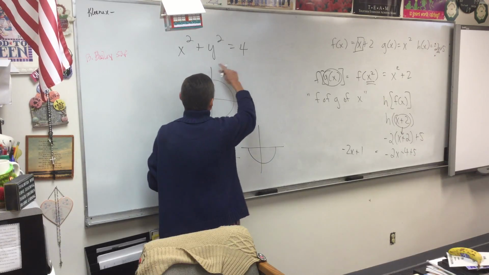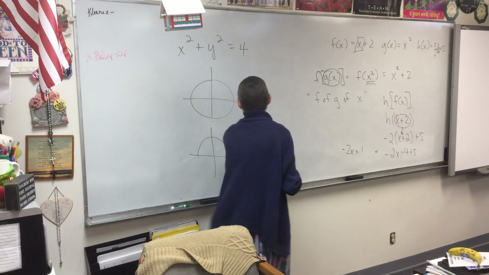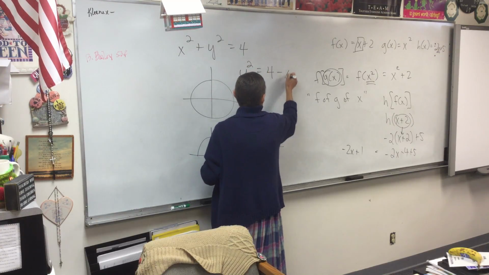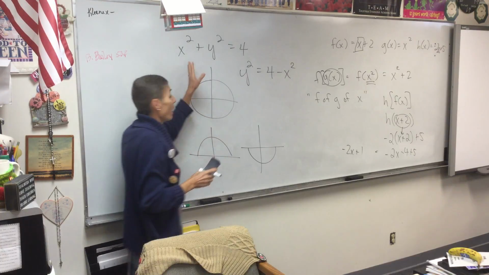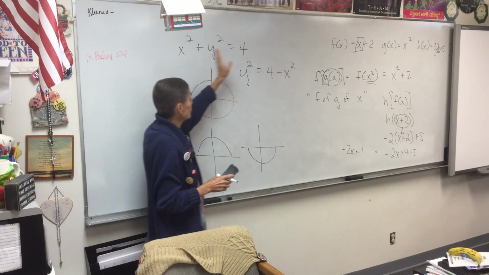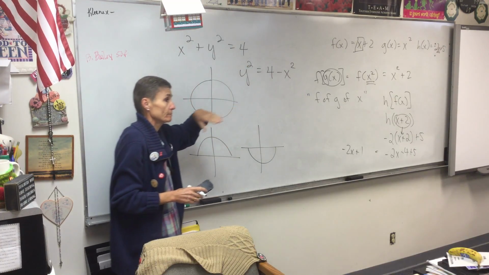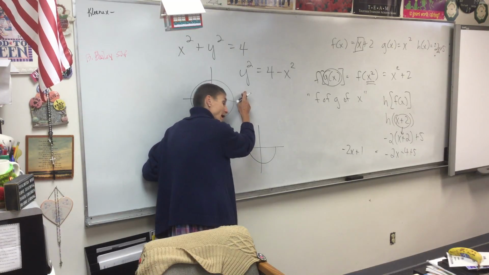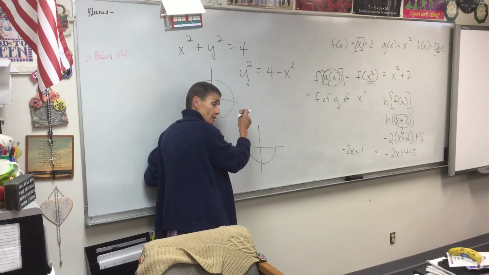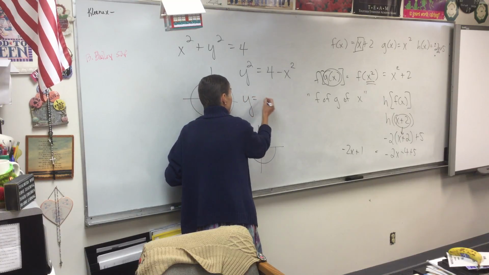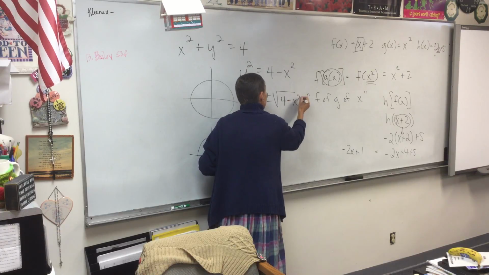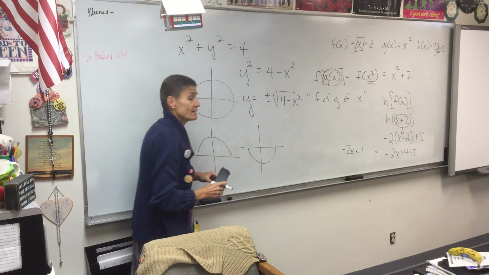So the first thing I'll do is subtract the x squared. I'm getting y by itself, so I'm going to move the x squared over. Now I have y squared by itself, so to get plain y, I will take the square root, remembering the plus or the minus.